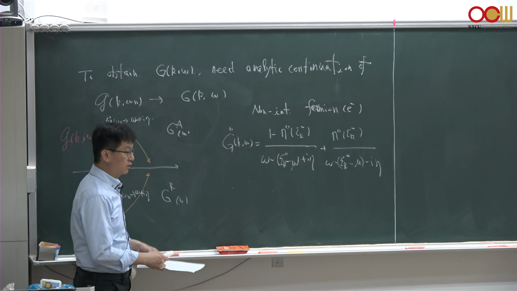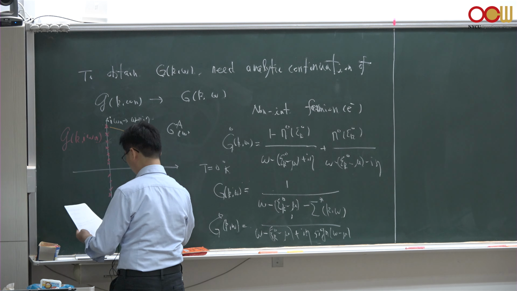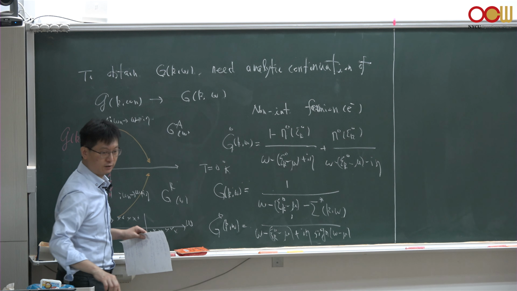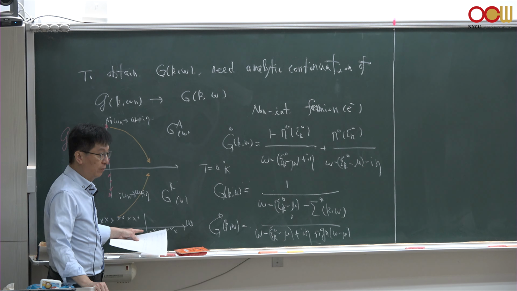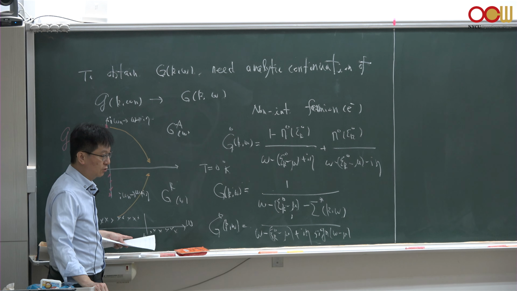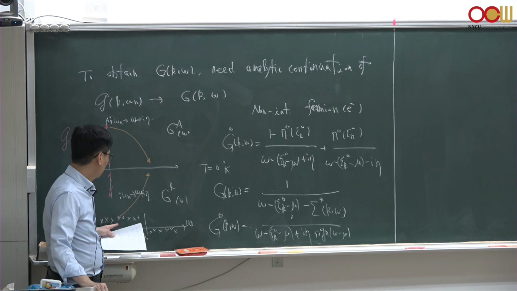Remember, when we do this analytic continuation from the imaginary axis to the real axis, real frequency, we have such a pole structure, right? The poles for omega below the chemical potential, the Fermi energy, are all slightly above the real axis. And for omega larger than mu, the poles are slightly below the real axis.